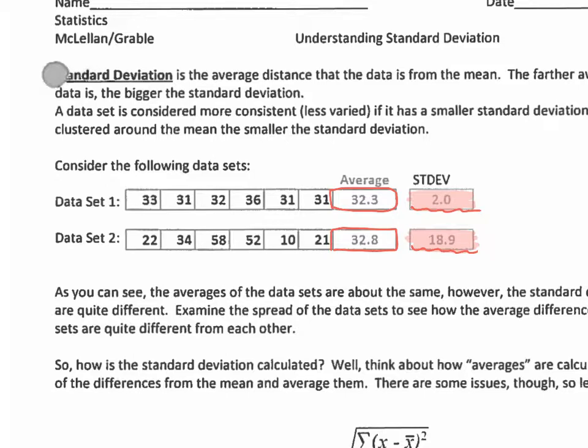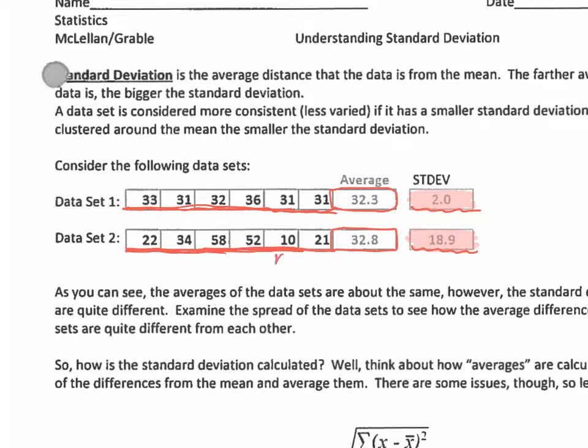Carson: In set 1, they're all really close together, the numbers, and in set 2, they're over a larger range. Perfect. Do you see how closely clustered these numbers are to the center, the mean? And in data set 2, these are going from 10 to 58, and the other ones are even spread out. So they are much more varied.